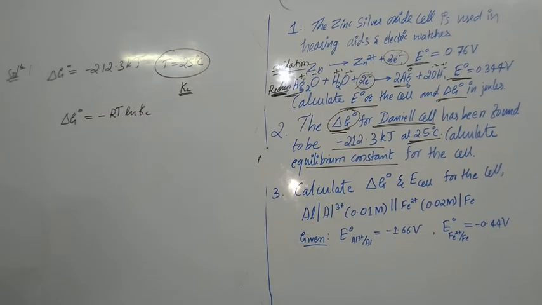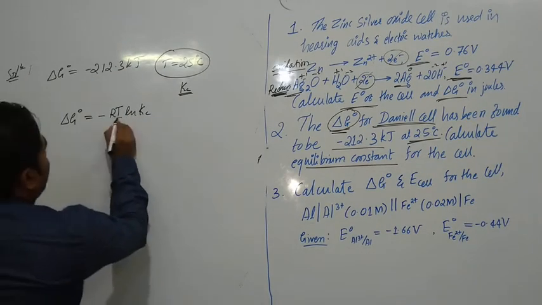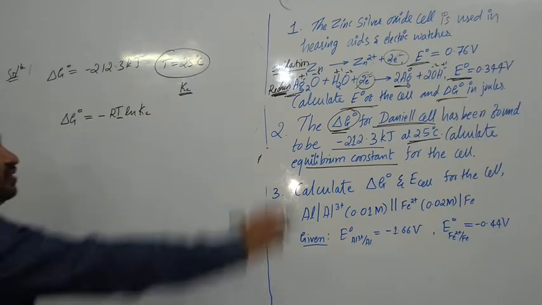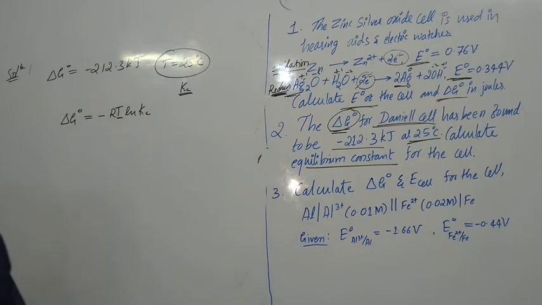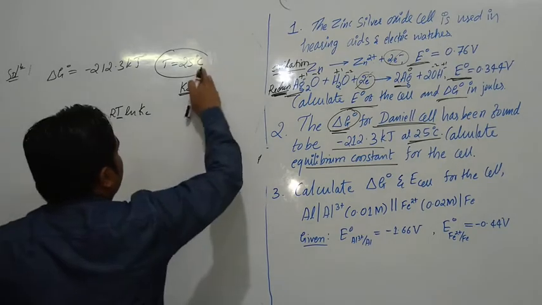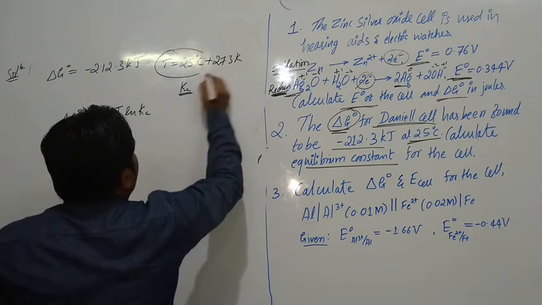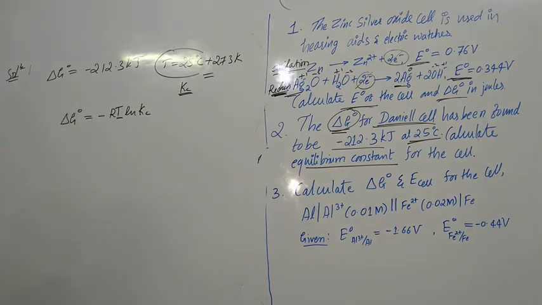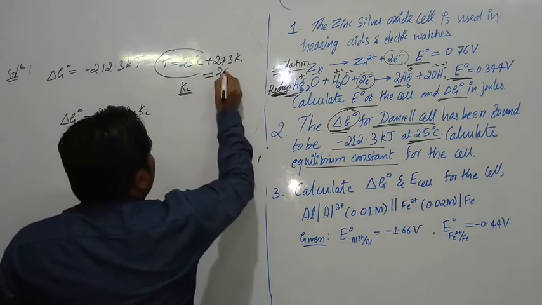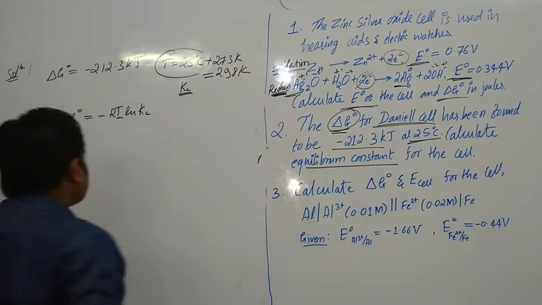For this we have to take absolute temperature, but they have given temperature in degree Celsius. So we have to convert this temperature into Kelvin scale, plus 273. 25 plus 273, 298 Kelvin. Yes, it is 298 Kelvin.